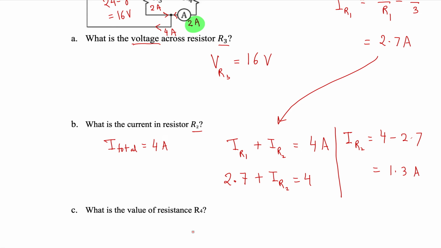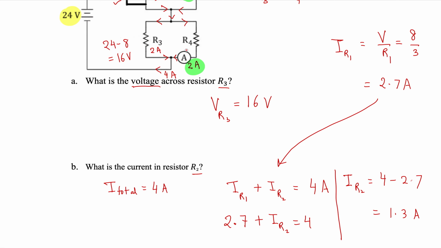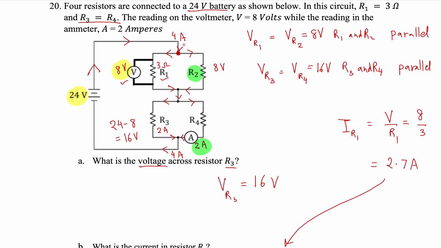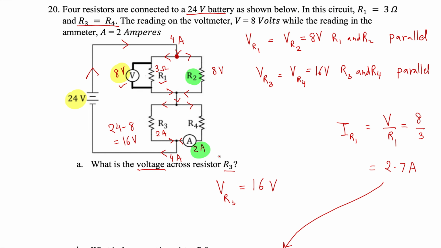Next it's asking what is the value of resistance R4. We don't know the values for R3 and R4. How do we find the value for R4? Now you have the voltage across R4 and the current across R4, so that's easy.